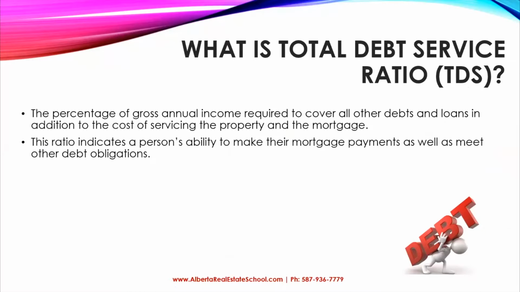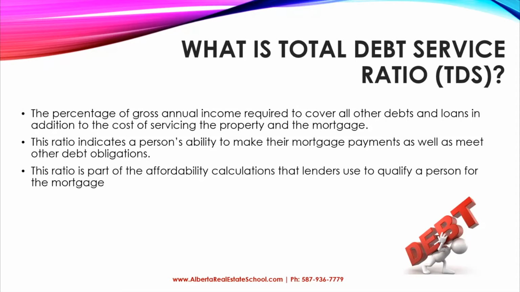This ratio will basically show the lenders whether the person has the ability to make their mortgage payments in addition to meeting their housing costs as well as other debt that they may be carrying. This ratio is one of the affordability calculations that the lenders will use in order to see if the person will qualify for a mortgage.